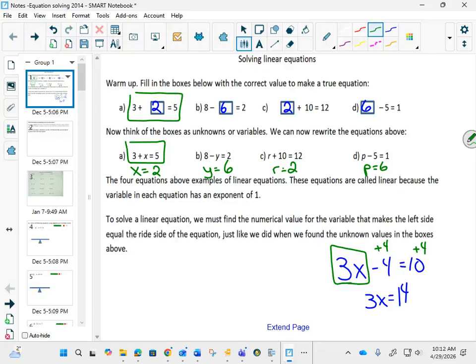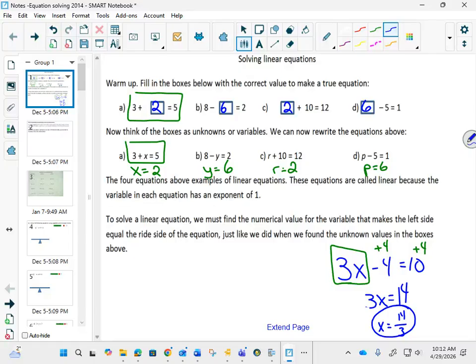I know this green box had to be 14, because if I add 4 here, this would go away. Now, what's the opposite of multiplying by 3? Dividing by 3. So I specifically chose one. The answer to this is 14 thirds. That is our answer. 14 divided by 3 is 4.667 if you round to 3 decimal places.